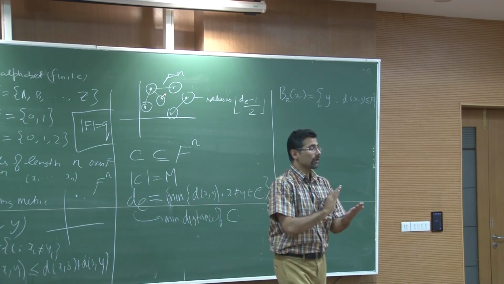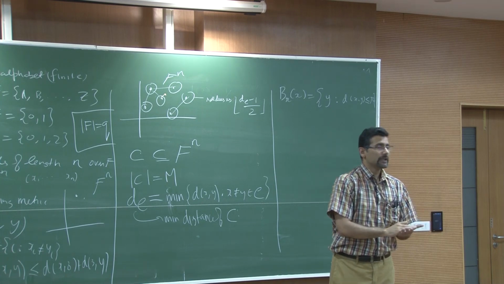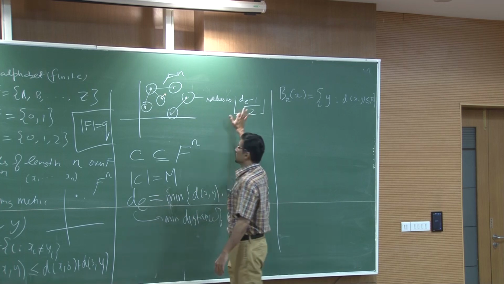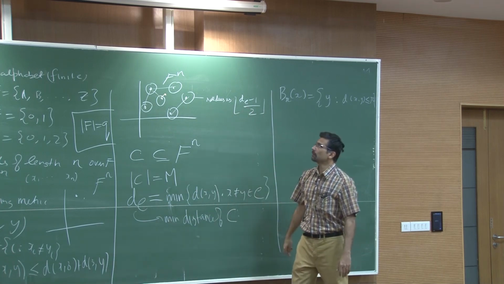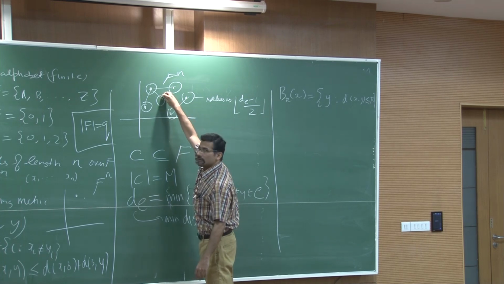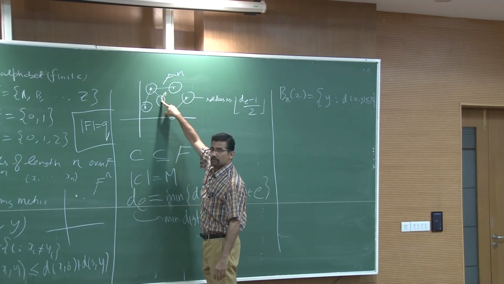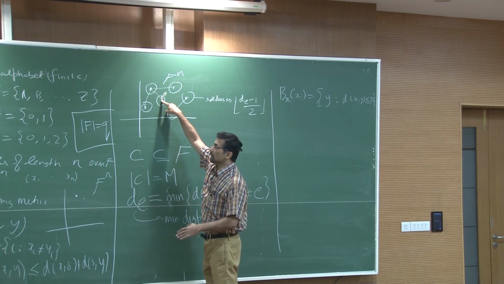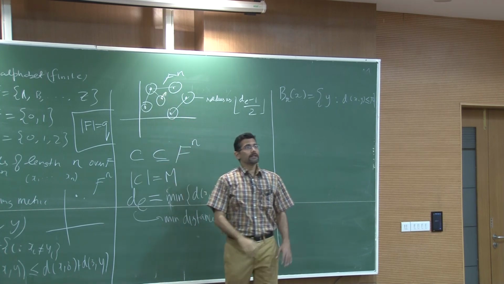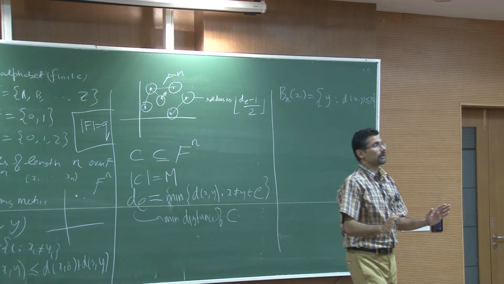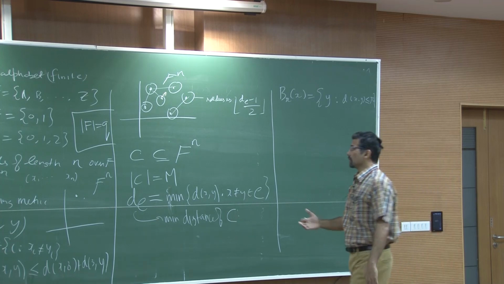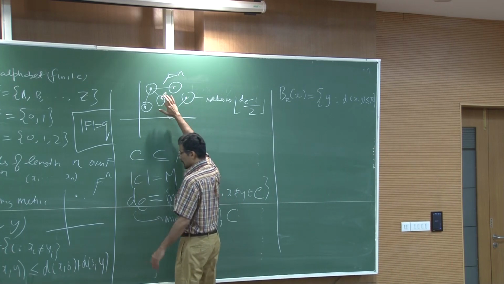If the number of errors which have happened is less than or equal to this much, then you intended to transmit this, and the corrupted word will still be in this ball only. And since the balls are disjoint, you are able to recover what was originally transmitted. Is that clear?